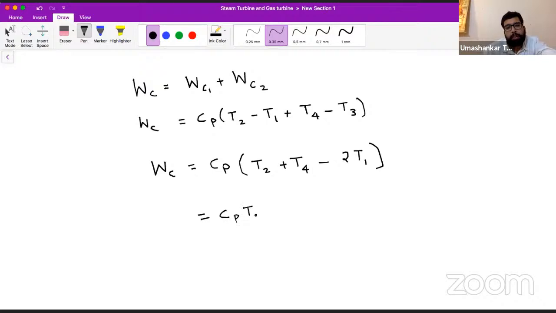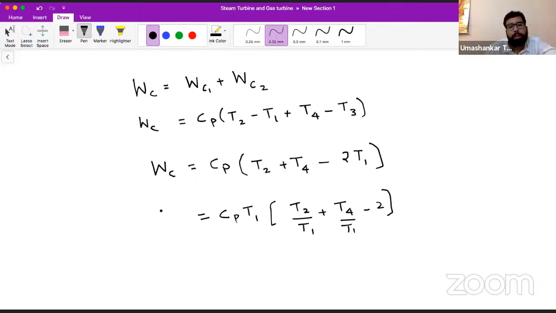In the last session's derivation of maximum work, we saw it in terms of temperature. So let's do this in terms of pressure this time. So we have T2 by T1 plus T4 by T1 minus 2, and T1 is constant only.